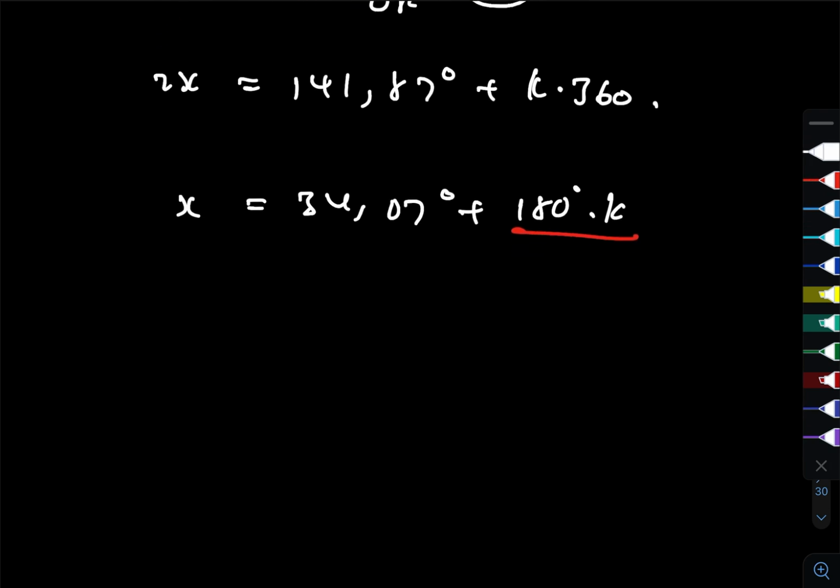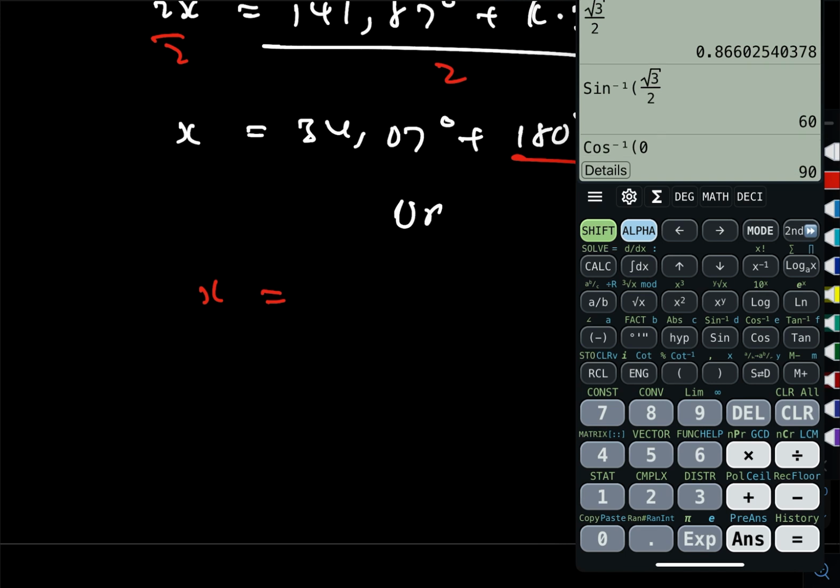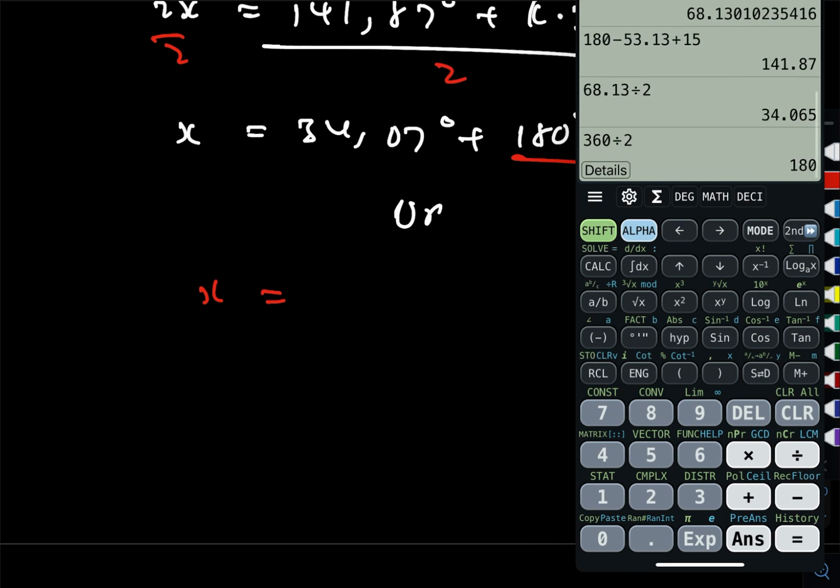All right. Or for this one, it's going to be divided by 2, and everything on the right is also divided by 2. In which case I have x equals 141.87 divided by 2.